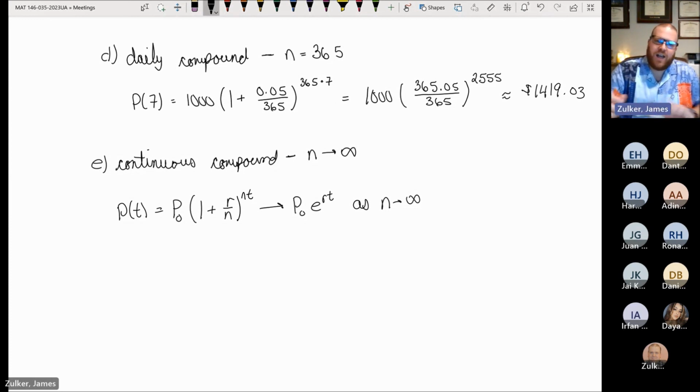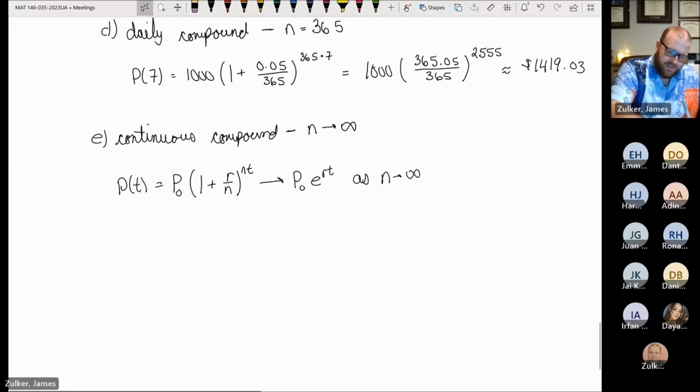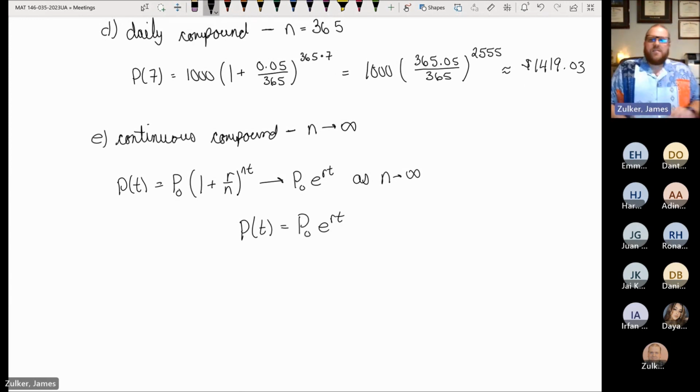So for continuous compounding, our formula is P of T equals P naught E to the RT.